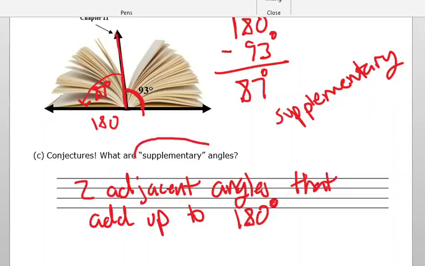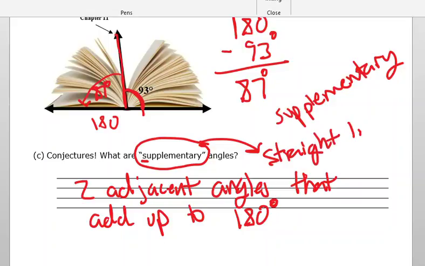How am I going to remember the difference between supplementary and complementary? Well, supplementary begins with an S, and a supplementary angle makes a straight line. So the way I remember is I say, okay, supplementary, straight line. So my supplementary angles are angles that add up to 180 degrees.